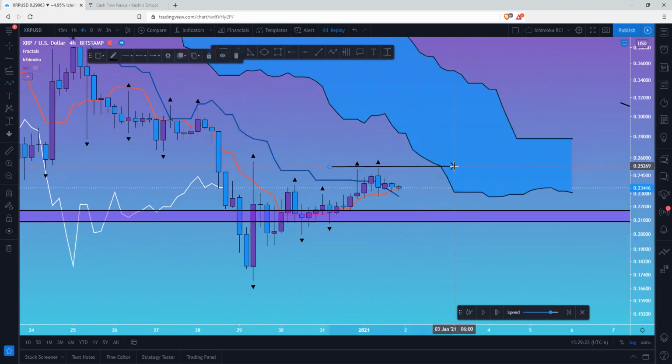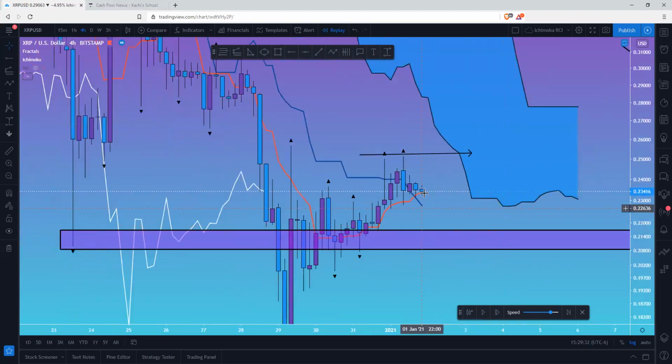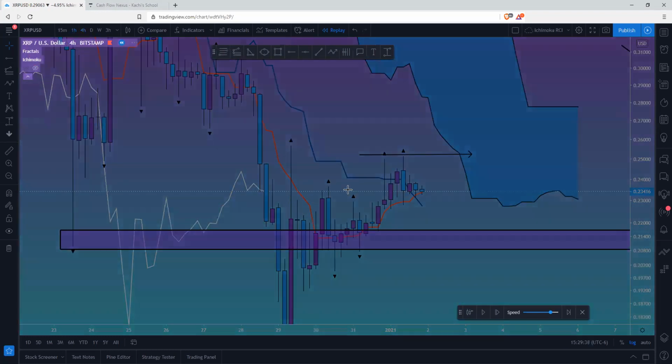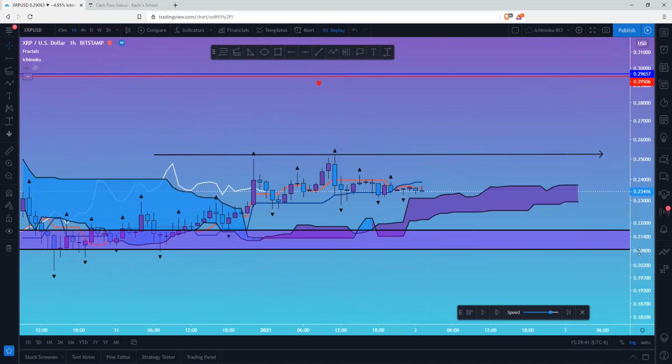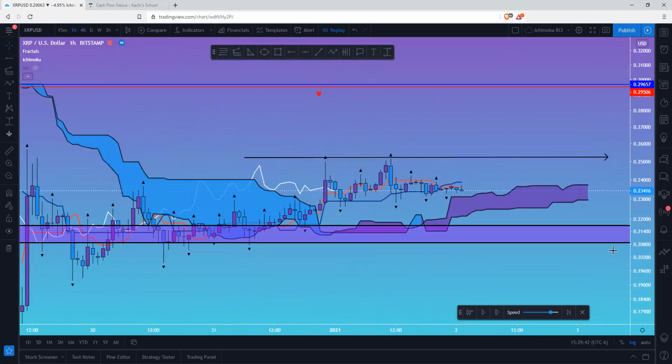So since we know the high is here, for the market to even go any higher, we have to get above that. And so now the market's in equilibrium. We have to see what the lower time frames are telling us at this area here. So let's go ahead to the hour chart. What do you see on the hour, Frank?